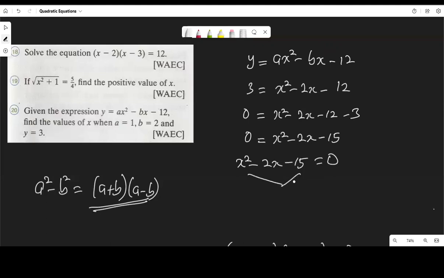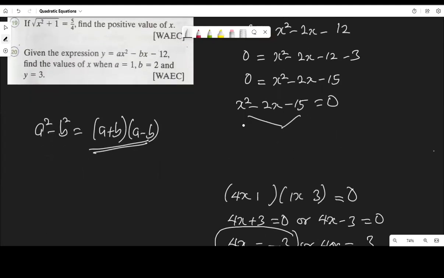So solving this quadratic equation, x squared times negative 15 is negative 15x squared. Now we look for two factors of negative 15x squared that can add up to this middle term. And the middle term is negative 2x. So the factors have to be negative 5x and positive 3x.